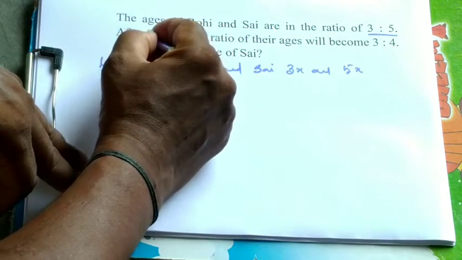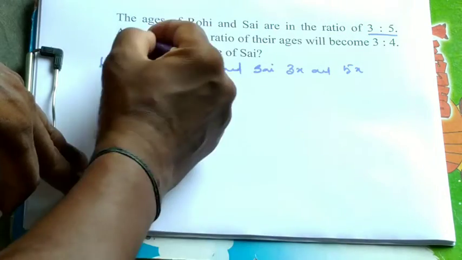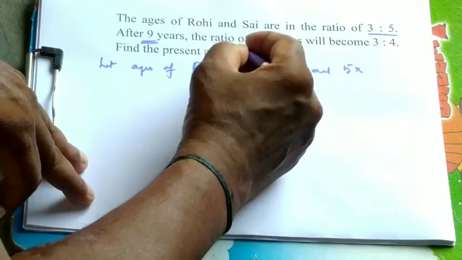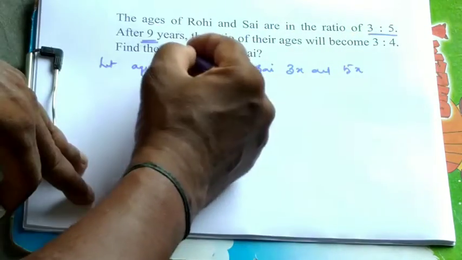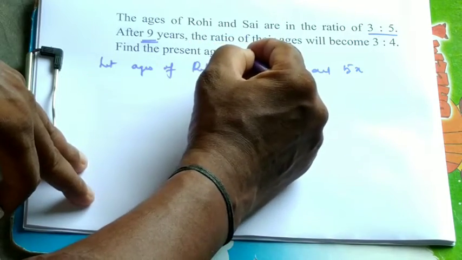After 9 years, the ratio of their ages will become 3:4. Find the present age of Soy.